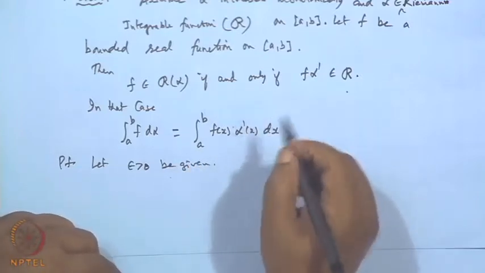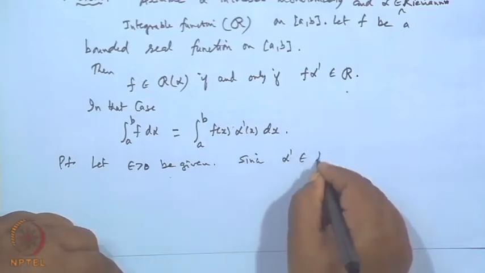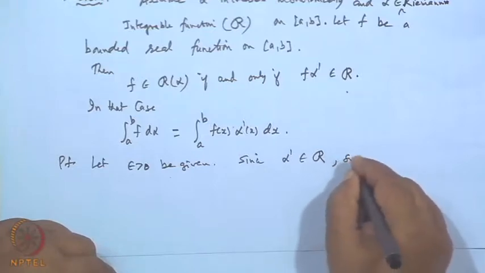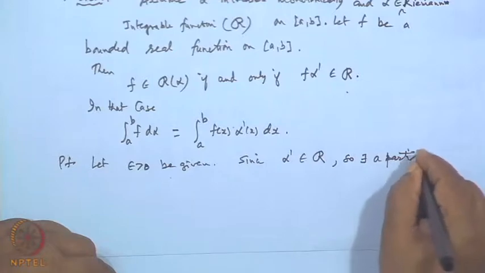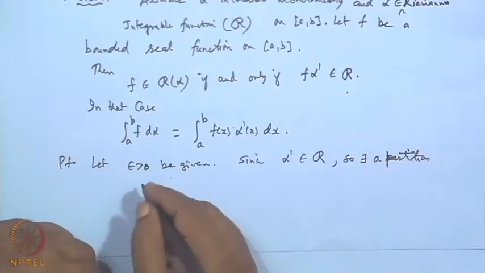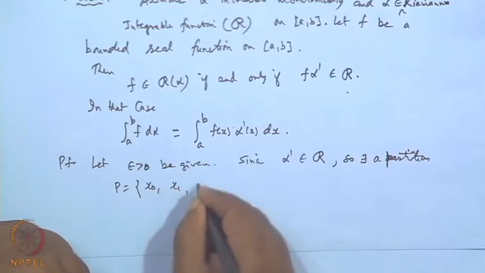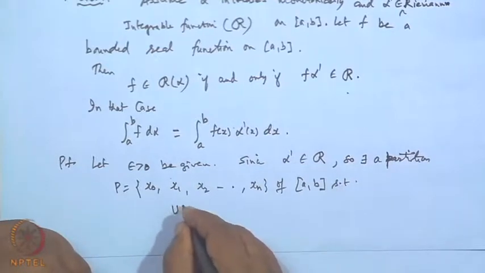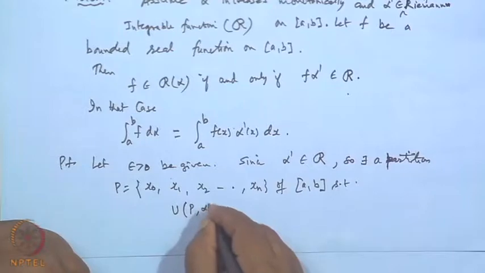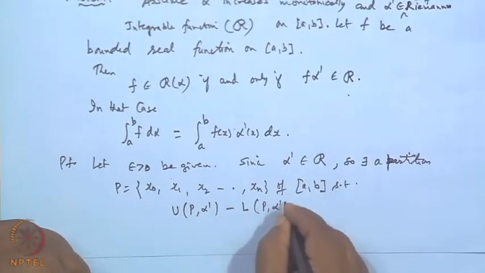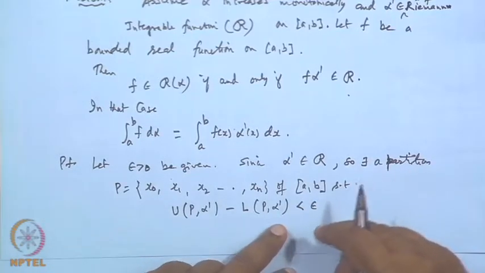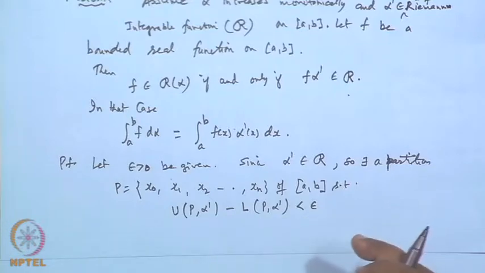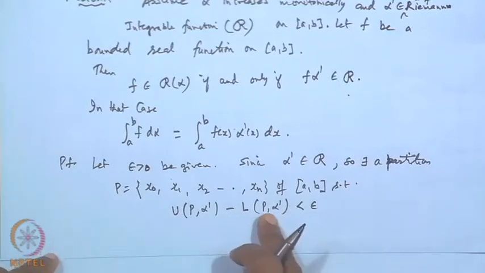Now, since alpha dash belongs to the Riemann integrable functions over the interval [a, b], by definition there exists a partition P, say x0, x1, x2, ..., xn of [a, b], such that the upper sum of alpha dash minus the lower sum of alpha dash with respect to the partition P is less than epsilon. By the necessary and sufficient condition for a function to be Riemann integrable, the difference between upper sum and lower sum remains less than epsilon for some partition.